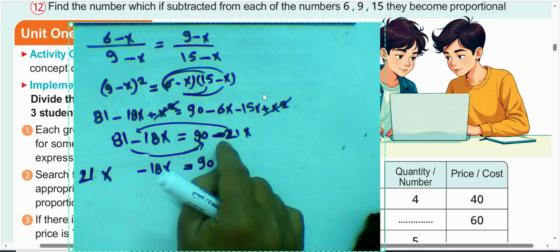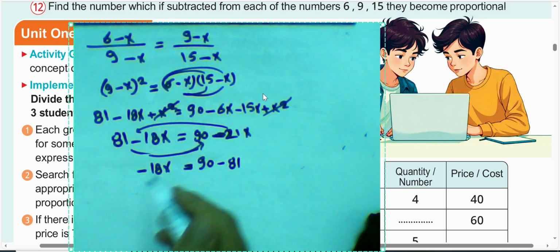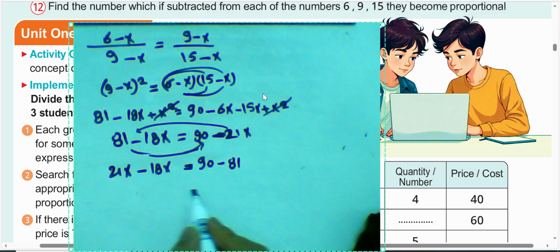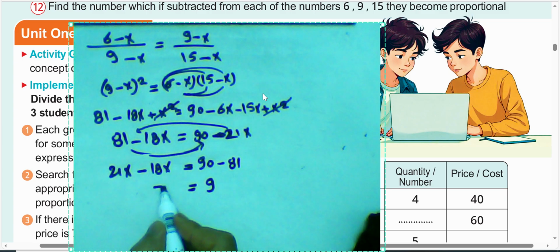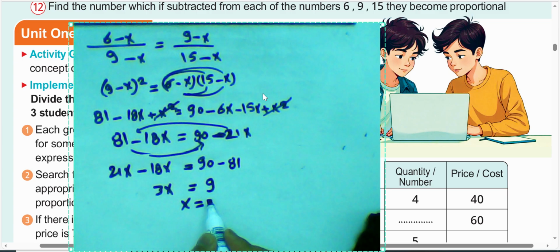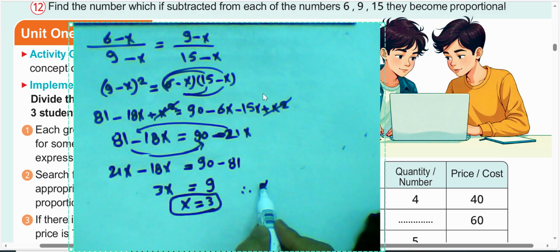Understood? Move negative 21x from here to change the sign. It will be positive 21x. The difference will be 9, and 21 minus 18 equals 3, and the value of x will be equals 3. Then the number will be 3.